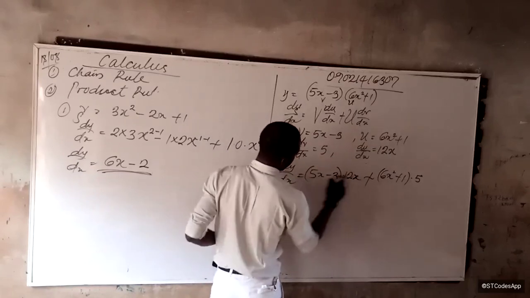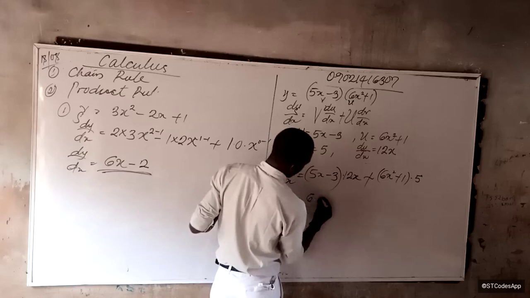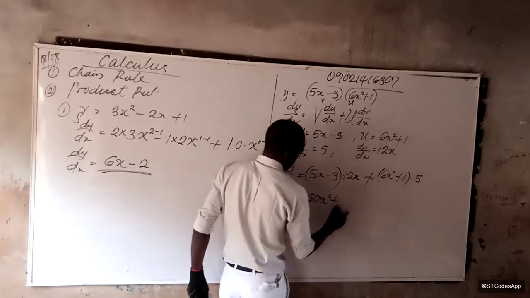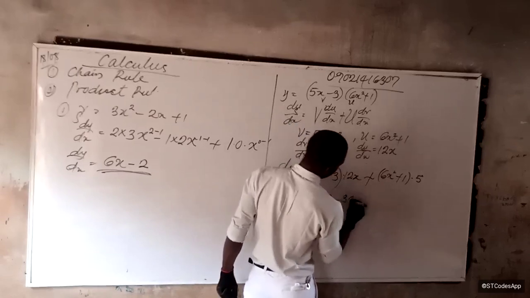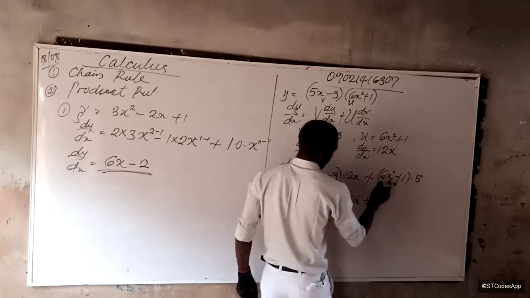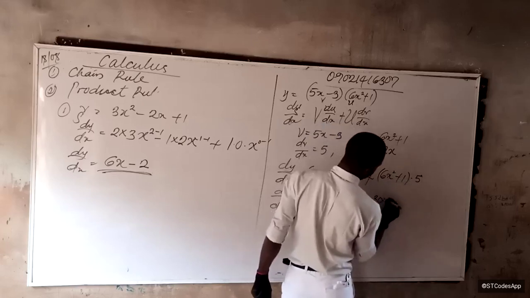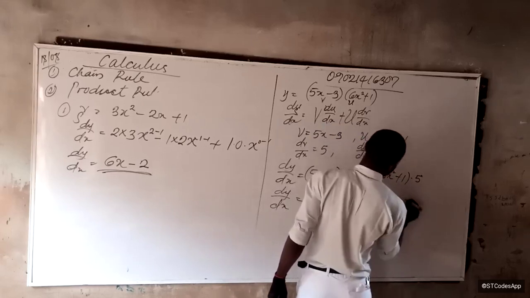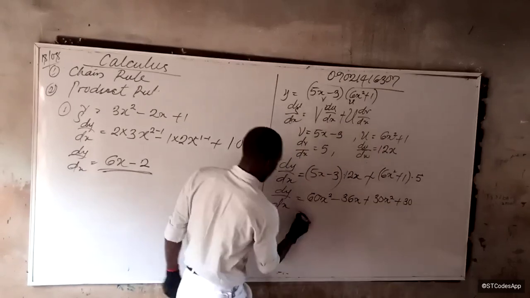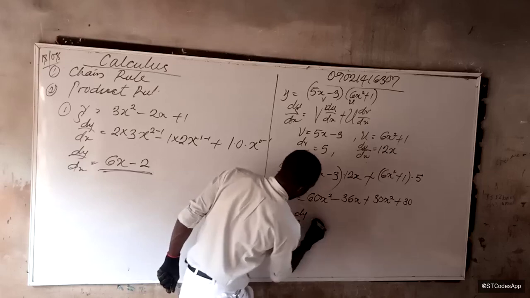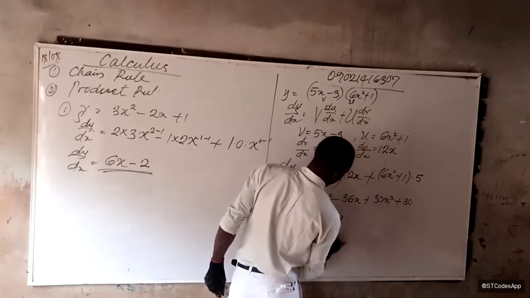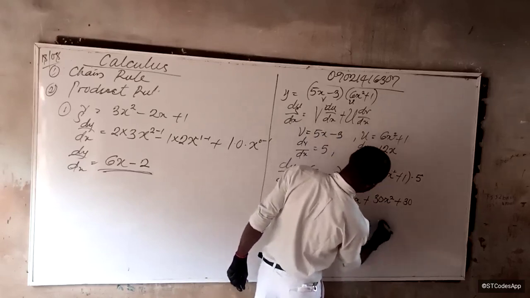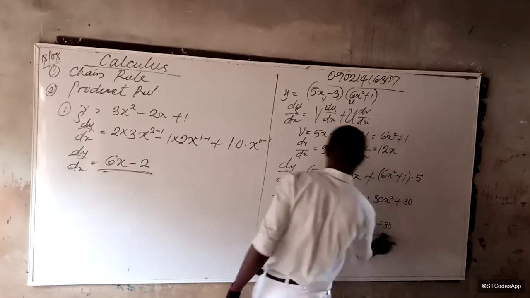This times this gives us 60x squared minus 36x, plus this times this gives us 30x squared plus 5. I'm going to collect like terms together, which gives us 90x squared minus 36x plus 5. That is the answer.